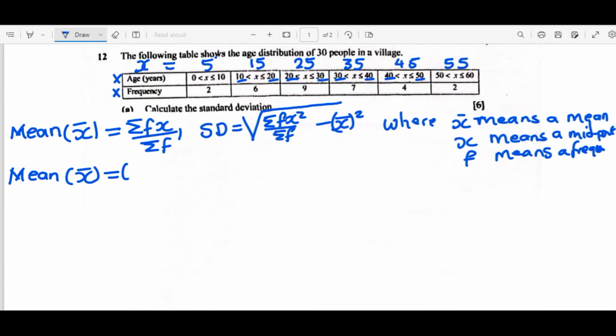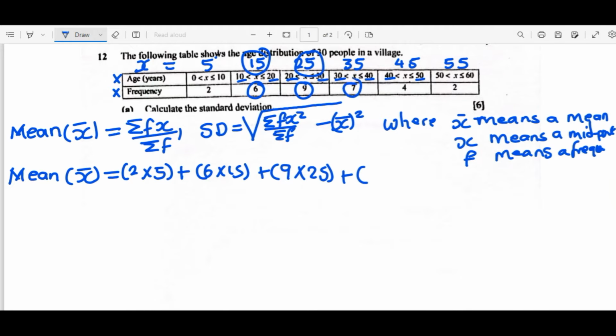So I'm going to say 2 times 5 plus we move on to 6 times 15 plus 9 times 25 plus 7 times 35 plus 4 times 45.